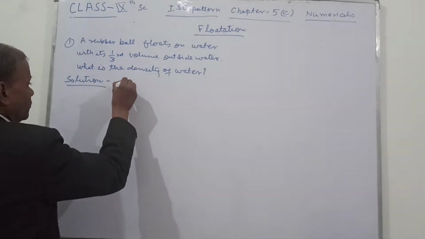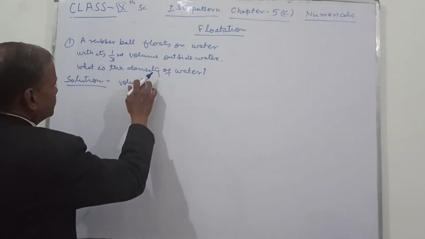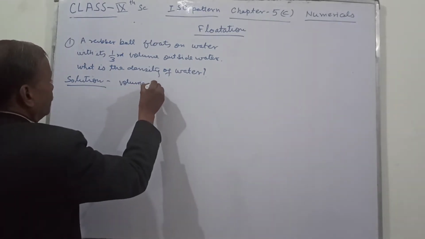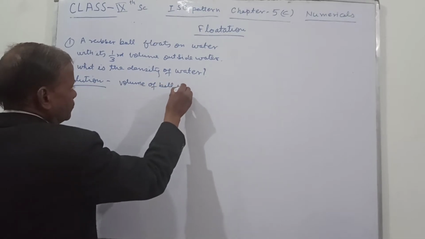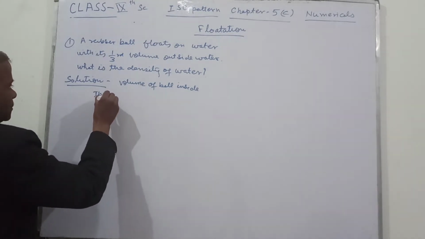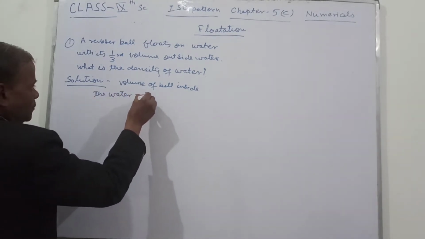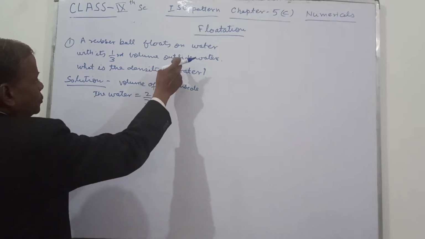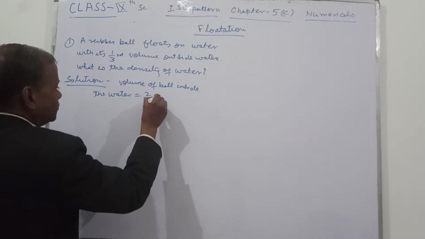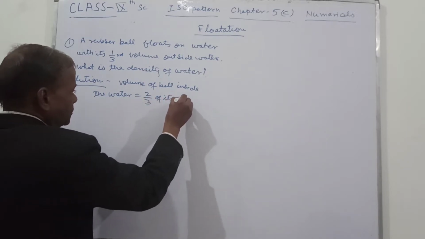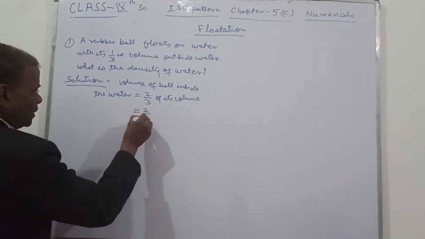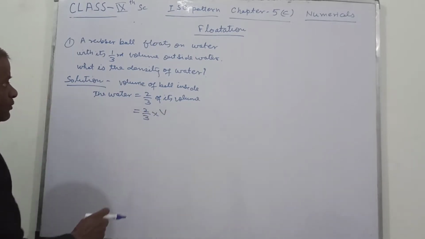The volume of the ball inside the water is 2/3 of its volume. So let the volume of the ball be V, so it is 2/3 into V.